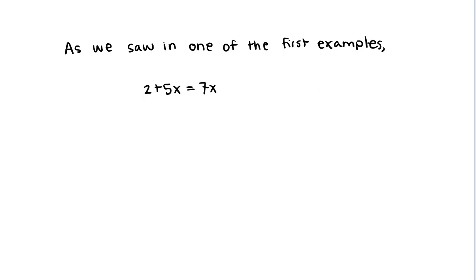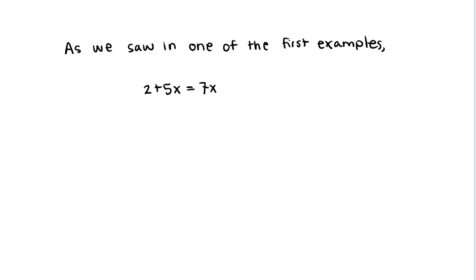So I told you one way of simplifying expressions through combining like terms, but I didn't tell you why we can combine like terms. Right, so here, let me just show you an example of two terms we can't combine because they're not like terms, right? So here, as we saw in one of the first examples, 2 plus 5x, these aren't like terms, and adding their coefficients together, 2 and 5, to get 7, that doesn't give us an equivalent expression.